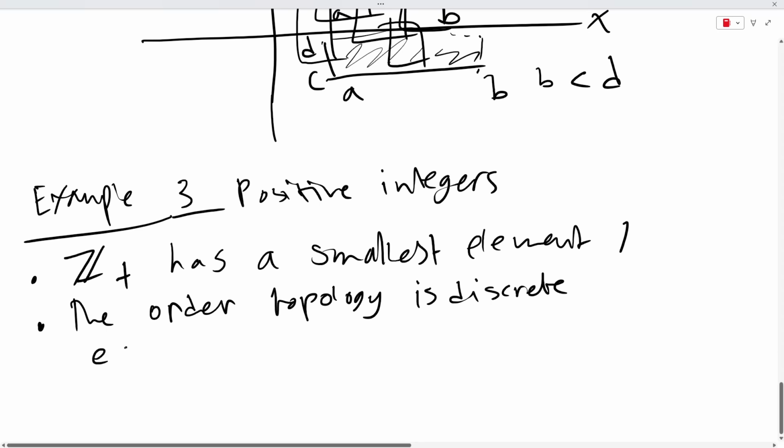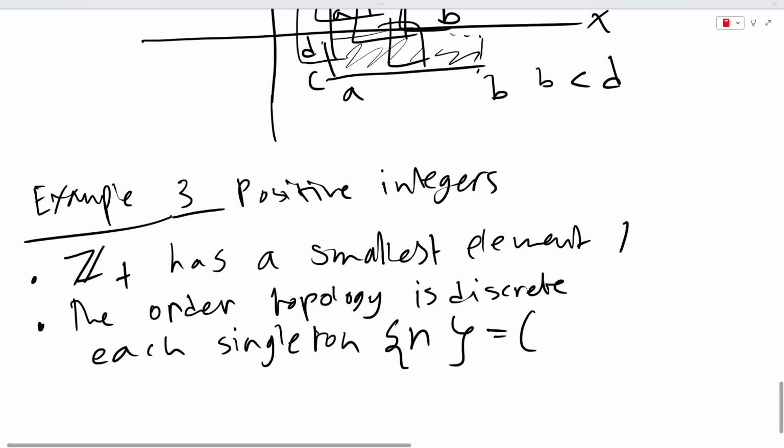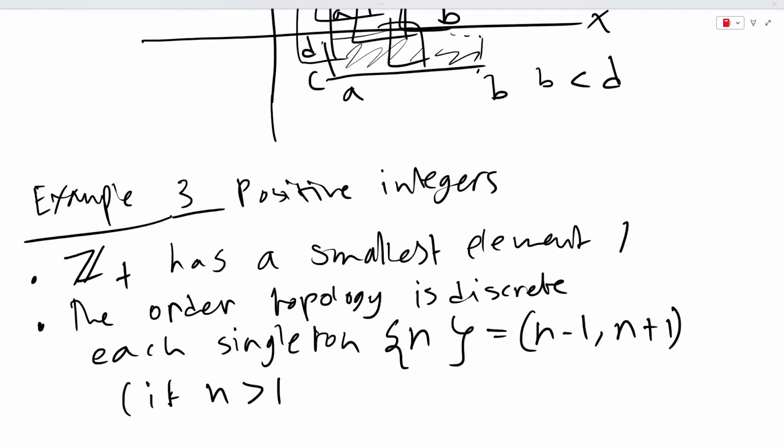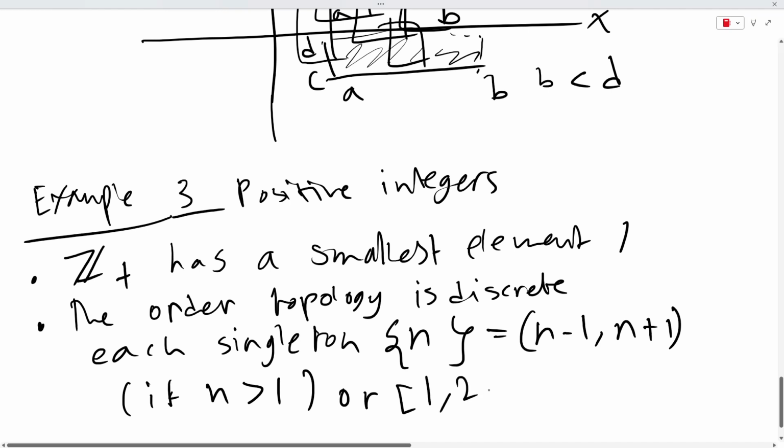Because each singleton, that is the set containing a single element, is equal to the open interval (n minus 1, n plus 1) if n is greater than 1, or the interval [1, 2) for the case n equals 1.